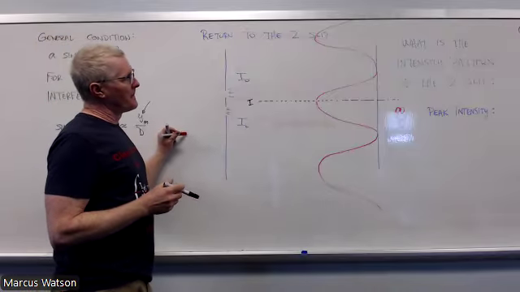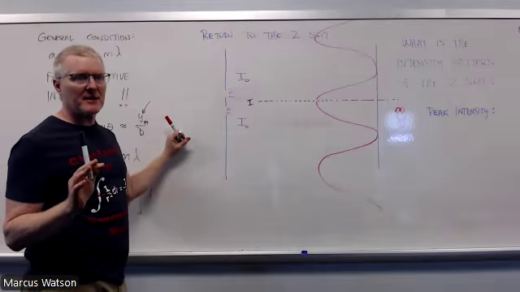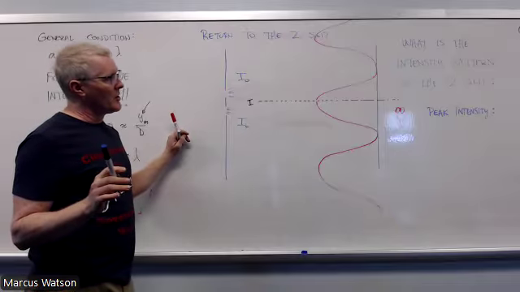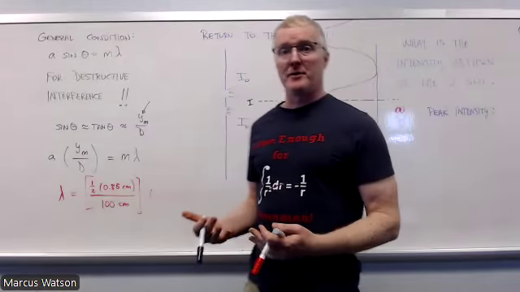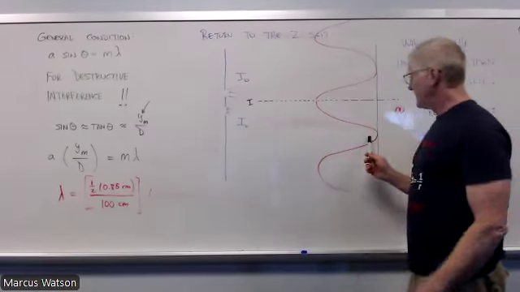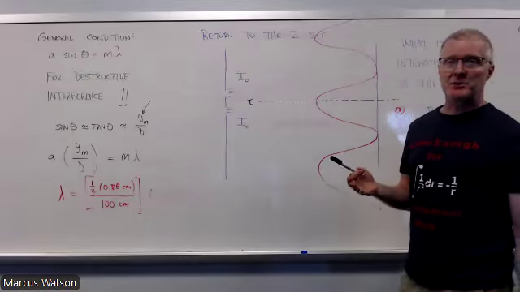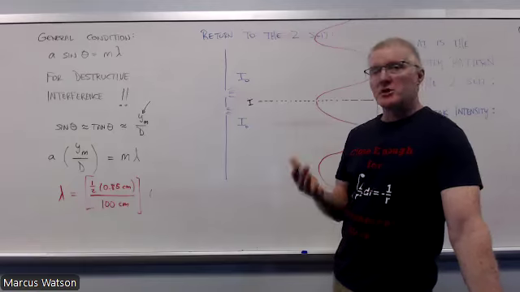Now, here's an interesting piece to think about, and that is when the two waves destructively interfere. Here, for example. When the two waves destructively interfere, does that mean that there's no energy?